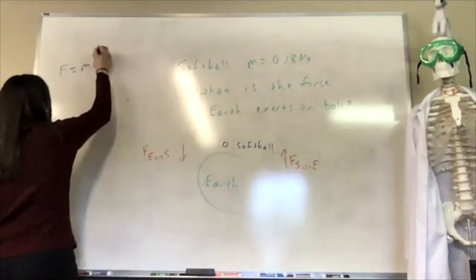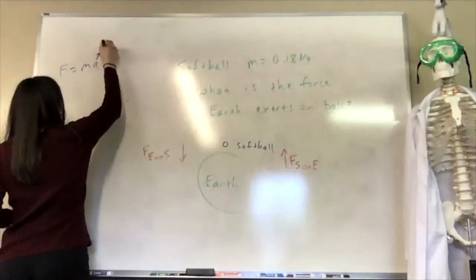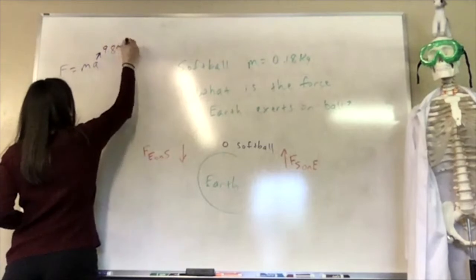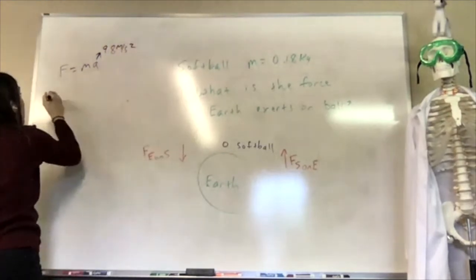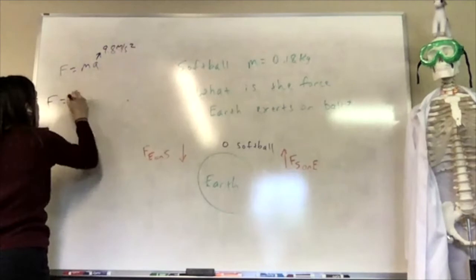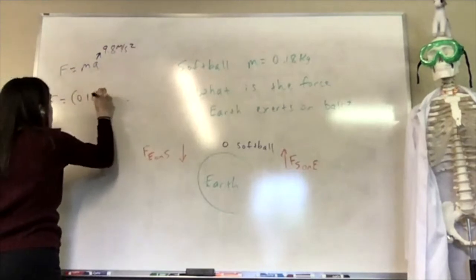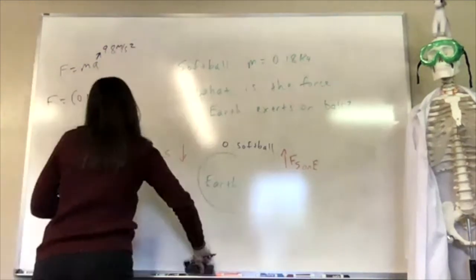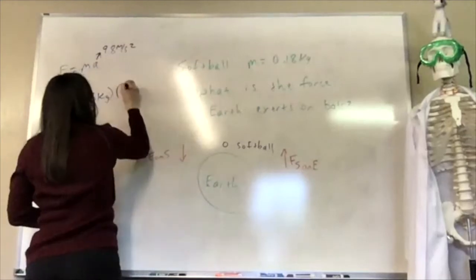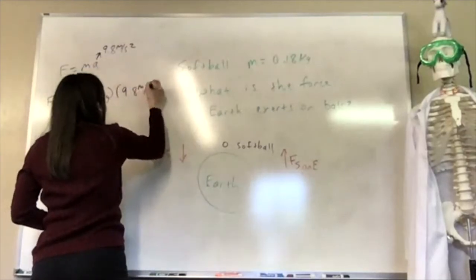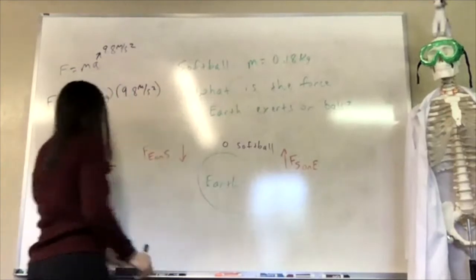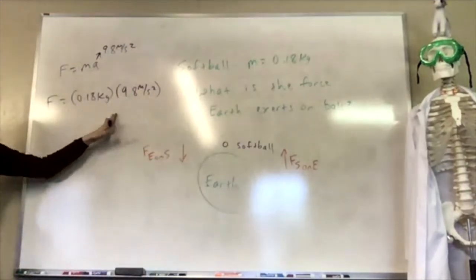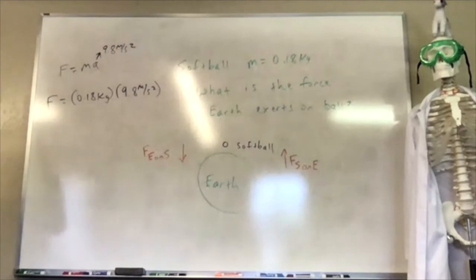So we are going to use 9.8 for acceleration because that's what gravity accelerates things downward with. 0.18 times 9.8 gives you the weight of the softball or the force of gravity on the softball. That would equal 1.8 newtons.